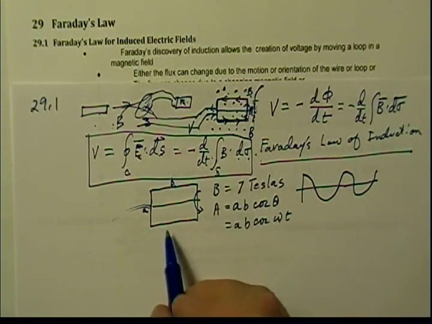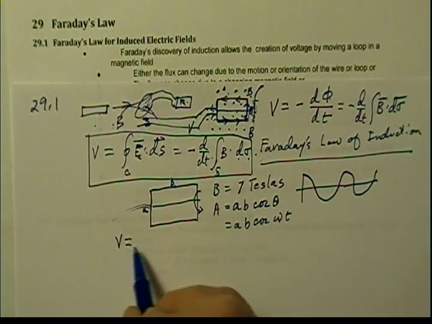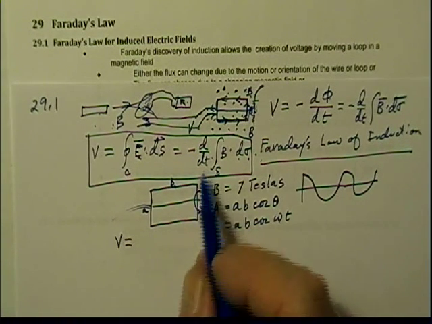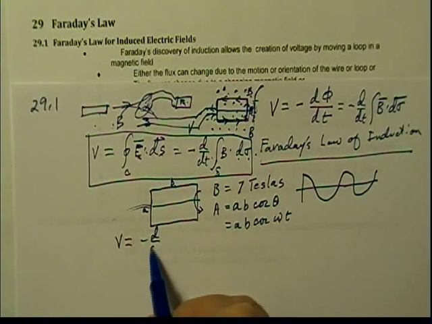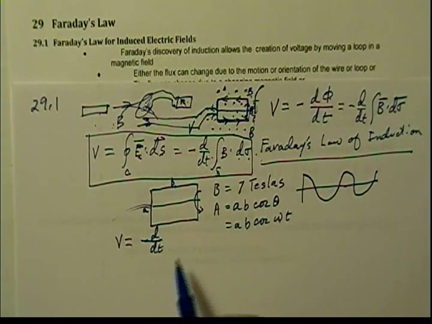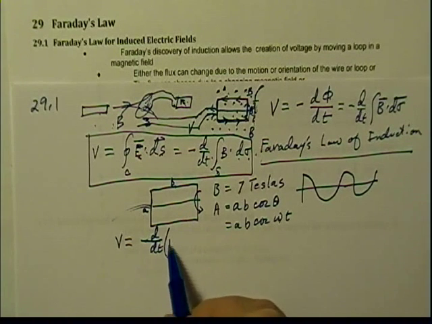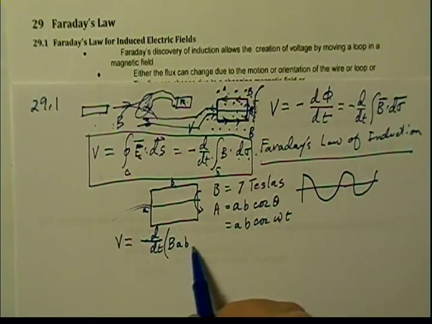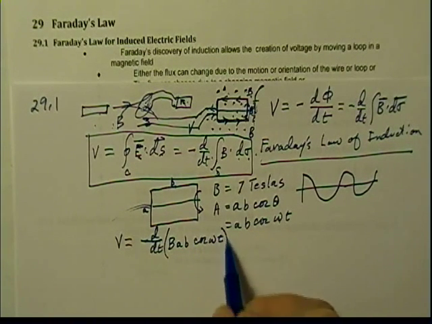And so this term on the right-hand side is going to give us voltage is equal to minus d by dt, well, we can forget the negative sign for right now because that just gives us the direction of the voltage. D by dt of the B times the A times the little b, which is the area, times the cosine of omega t.